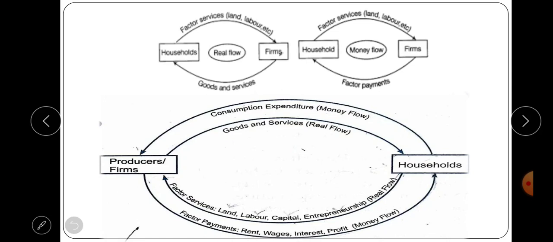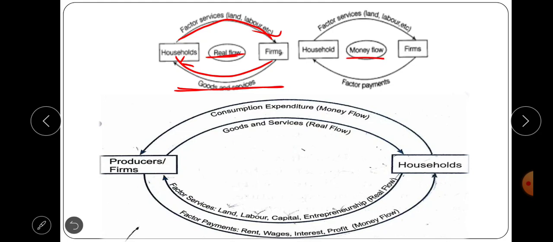Okay, so here this one is the real flow diagram, in which the factor services like land, labor, capital and enterprise are transferred from household to firm, and from the firm goods and services are transferred to the households. This is about real flow.